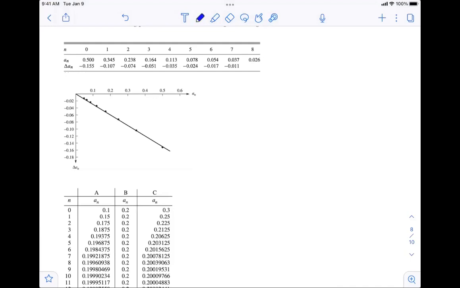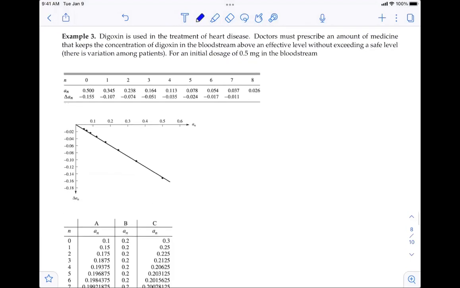So let's summarize what we have so far. We say that n is the number of days, and a sub n is the amount of digoxin remaining in the bloodstream.